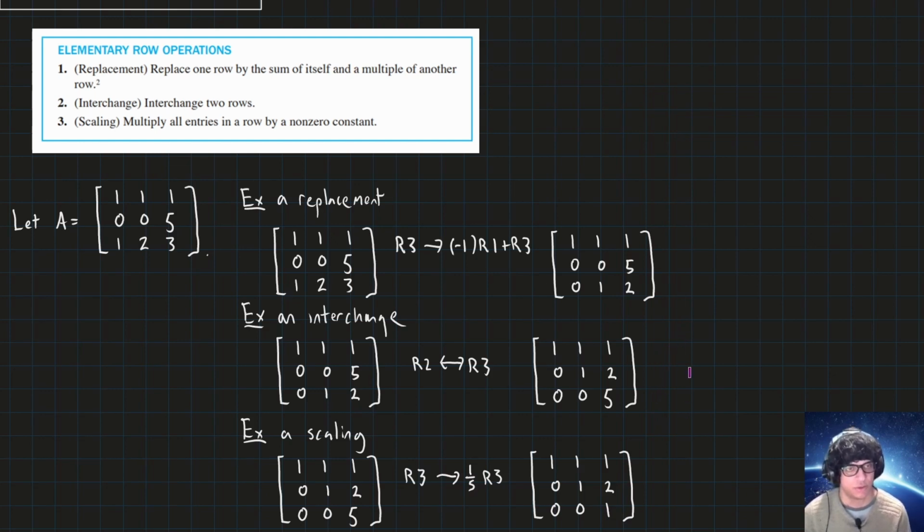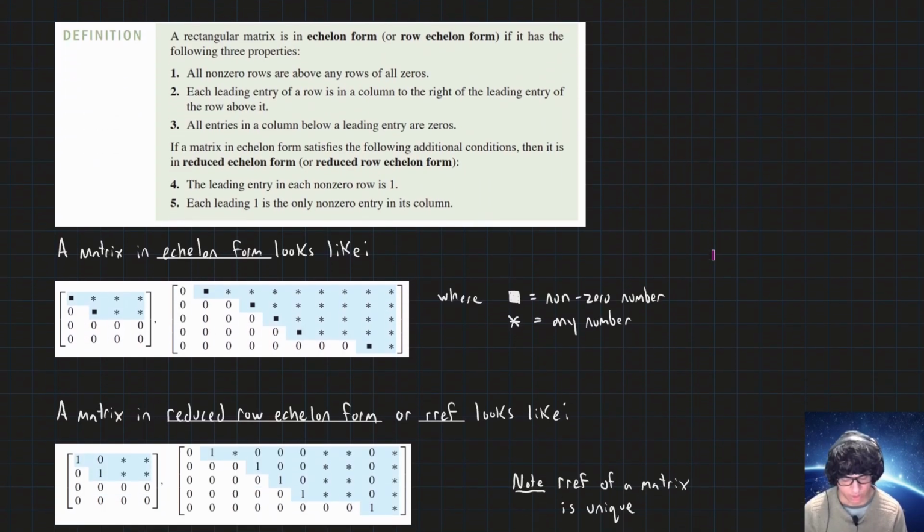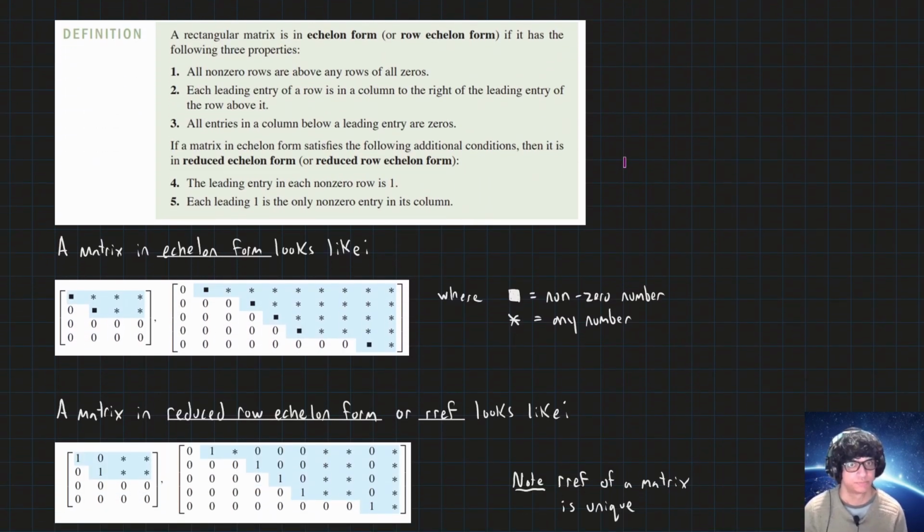The purpose of elementary row operations is to put a matrix into echelon form. Echelon form tells us a lot about the matrix. So let's describe what echelon form is. There are different kinds of echelon forms.